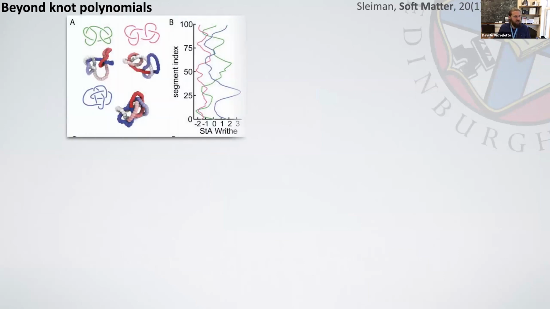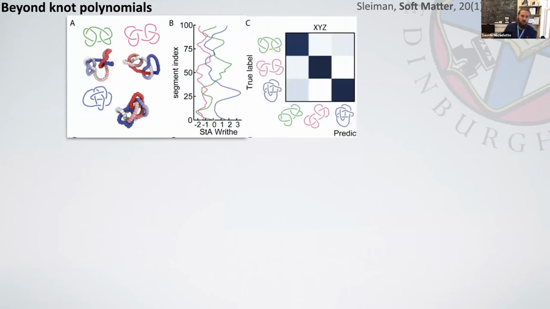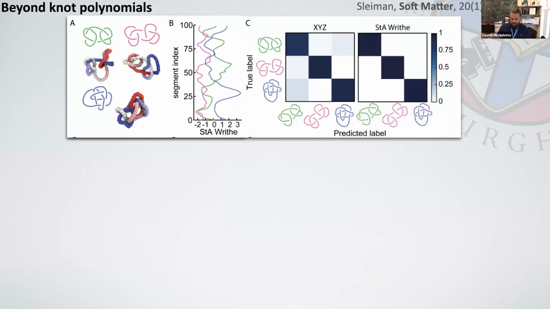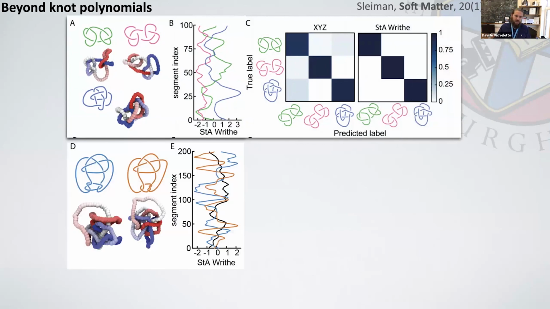So we said, okay, this works very well. Let's challenge the network with knots that share the same Alexander polynomial. So we did the simulations of the Granny, the Square, and the 8_20 knots. If we train the network with the XYZ coordinates of the knots, it works okay, but the STA writhe gives 99.9%.